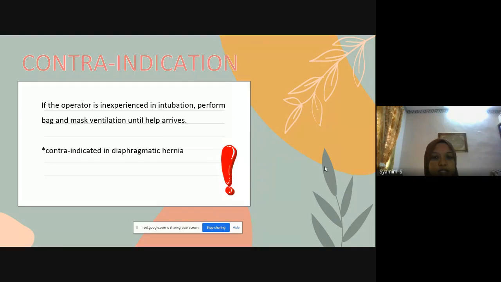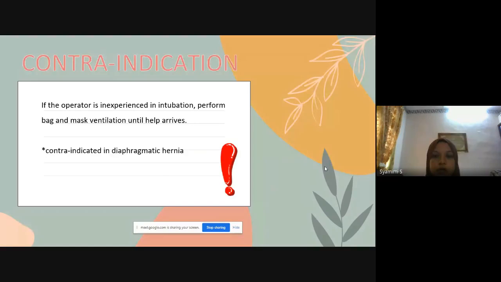But bag and mask ventilation is actually contraindicated in a diaphragmatic hernia patient because the stomach and intestines become distended with air. So if we use bag and mask ventilation, it will further impair the lung function. So if the patient has diaphragmatic hernia, we need to quickly find a person who can intubate the patient.